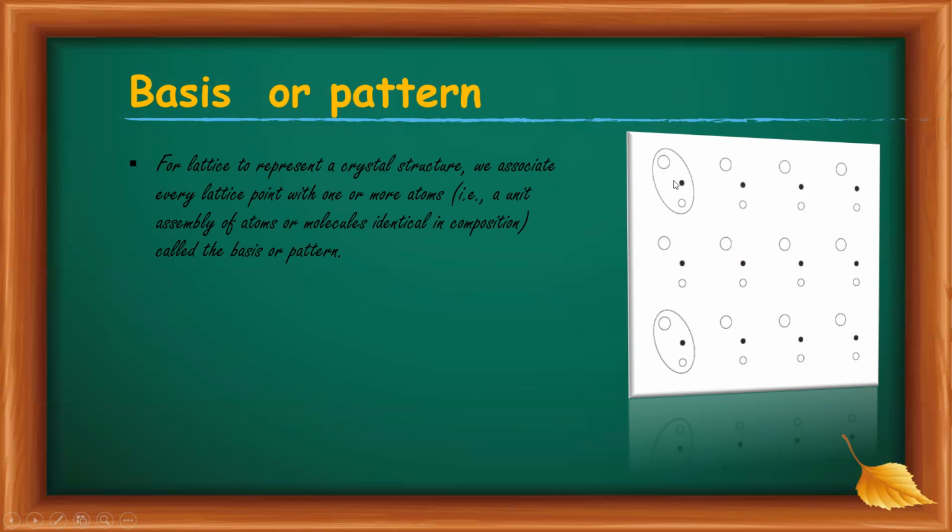So we can take this lattice and associate it with a basis or this pattern. When the basis is repeated with correct periodicity in all directions, it gives our actual crystal.